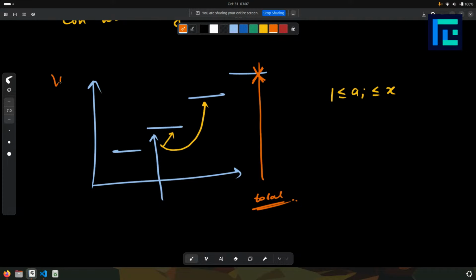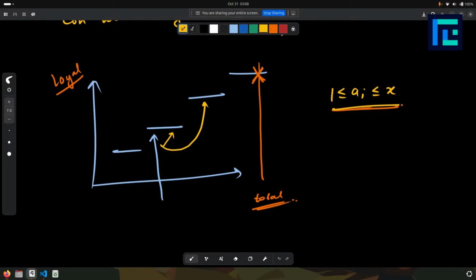In the end our loyalty score will always be floor of total upon X. And how long can a jump be? It can never go from here to here, because A_i is from 1 till X. Even if I am at the boundary and my A_i is equal to X, I would still only be able to go to the next boundary. So no matter what I do, I won't be able to skip a level.